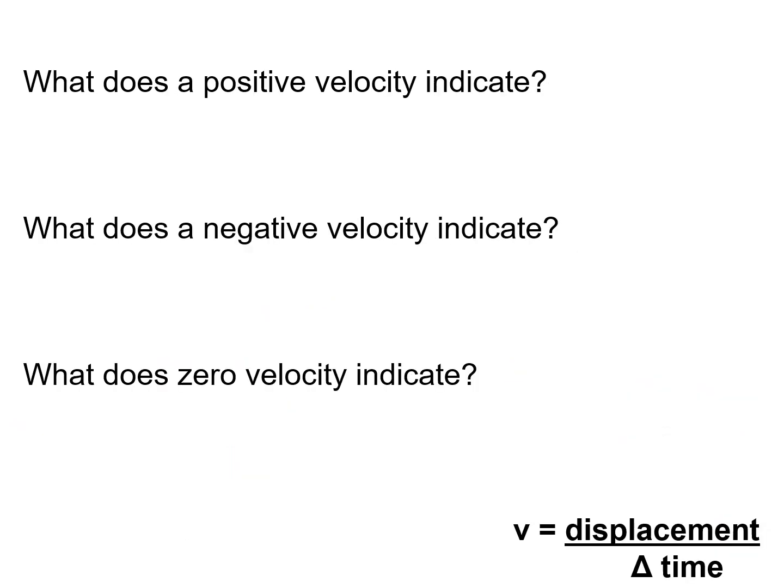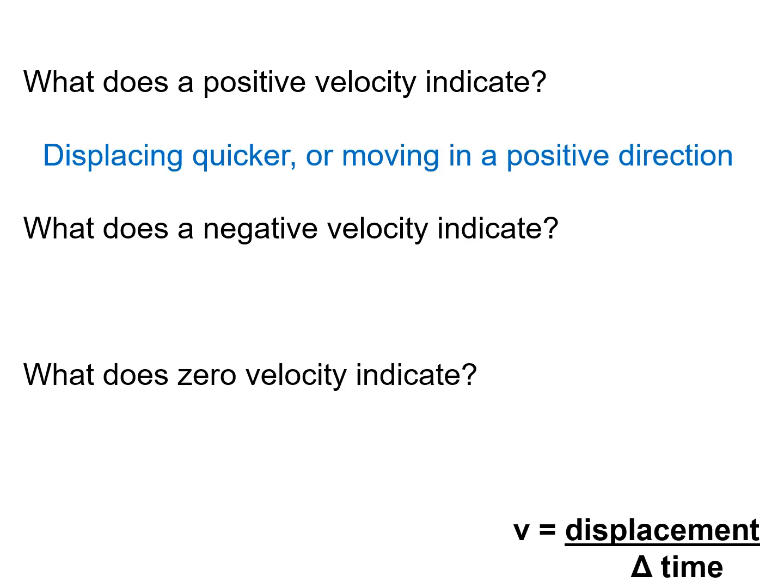So now let's start talking about a change in velocity. This is our acceleration. What does a positive velocity indicate? We are displacing quicker or moving in a positive direction. Usually we say a positive direction is up or to the right.